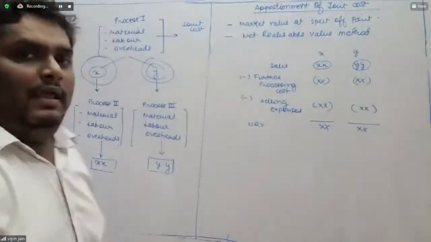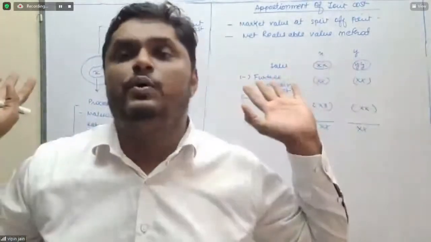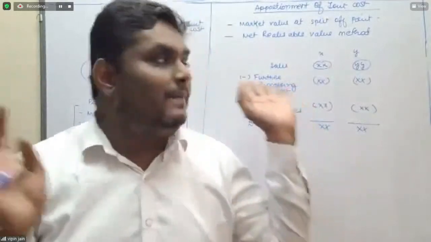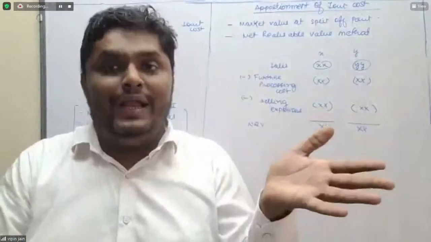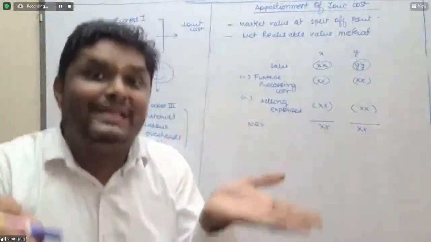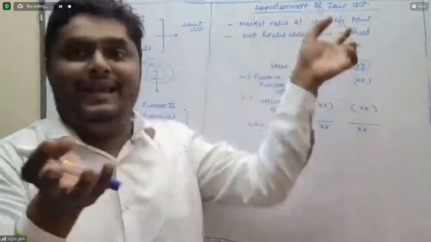So guys, if X and Y have an active market, we can distribute the cost in the ratio of the market value at split off point. But let's say if X and Y have no active market, we'll calculate the dummy market value of X and Y. How come? By net realizable value method.